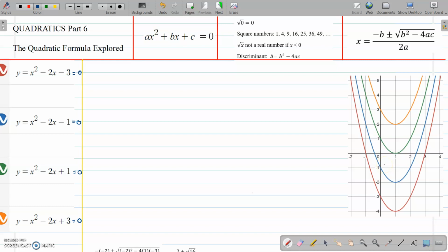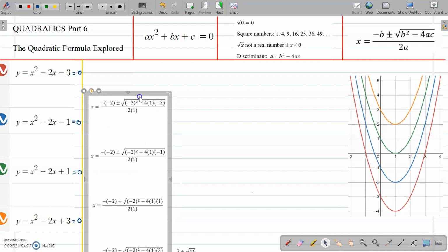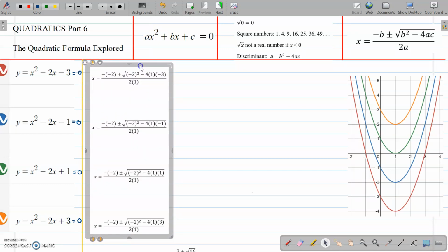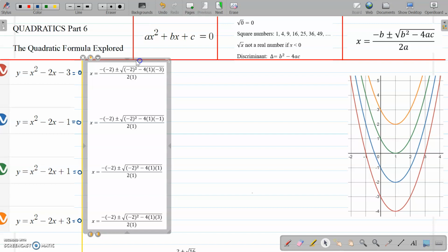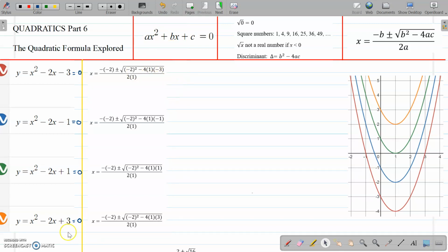First of all, I'm going to solve all 4 of these using the quadratic formula. It is the case that 2 of the 4 equations here could be solved by factorizing, but I want to start by looking at solving them using the quadratic formula. So I've already prepared the substitutions into the formula to save time.